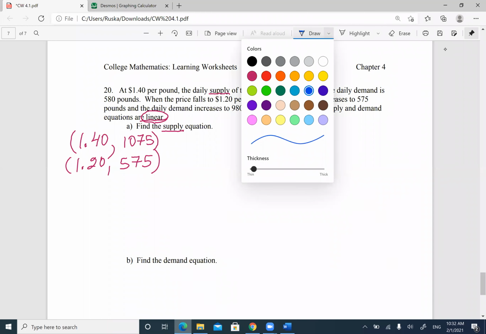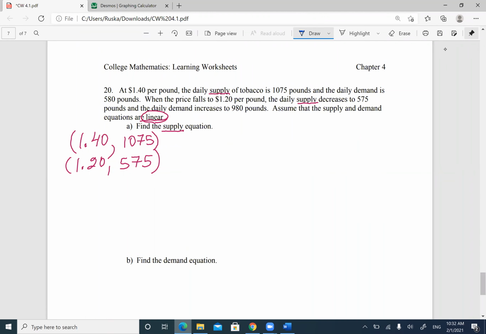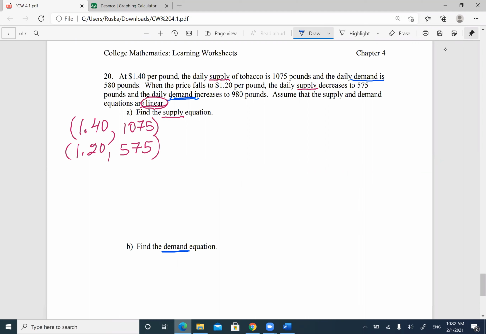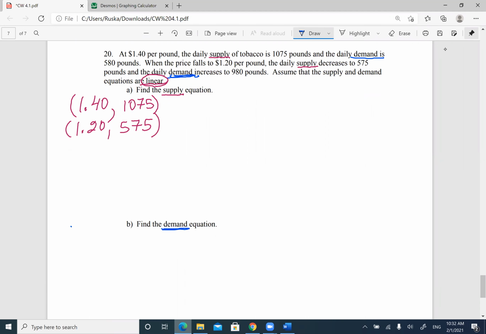So we have for 1.40, so the demand equation, I'm using different colors, so I'm gonna focus on the demand. The daily demand is 580 pounds, and the demand increased to 980. So here the 2 points you're gonna use are gonna be $1.40, and the demand is 580.